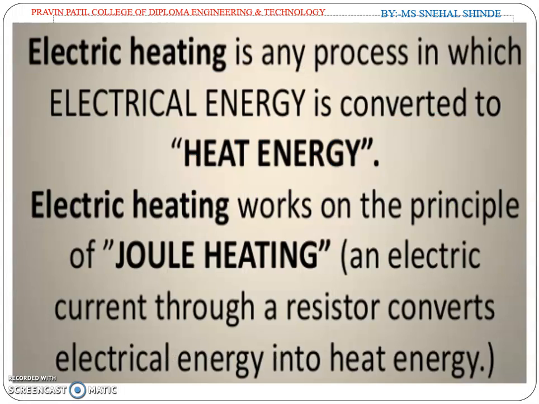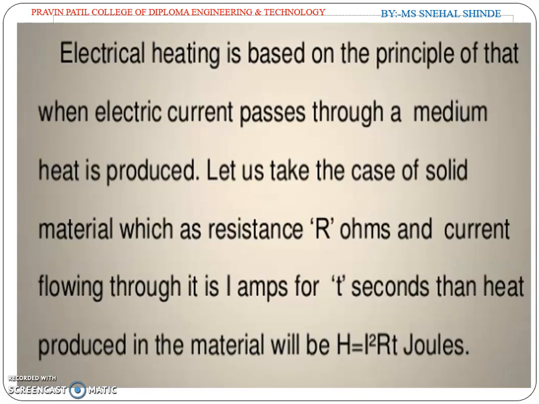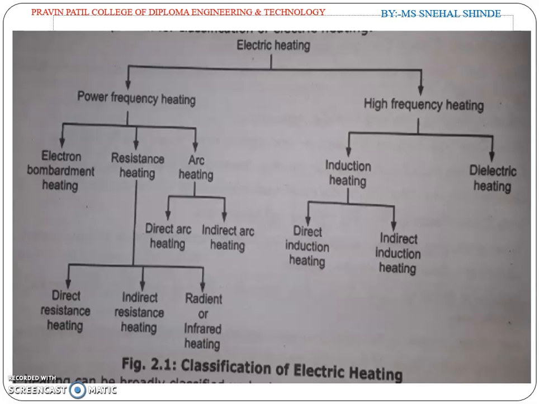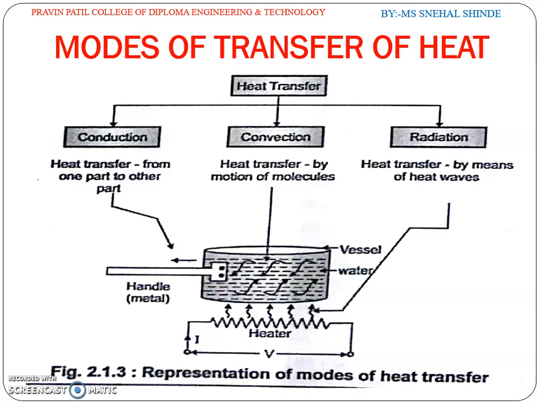In the previous lecture, we studied the concept of electric heating, what is meant by electric heating, and the classification of electric heating. So now we will start modes of transfer of heat.